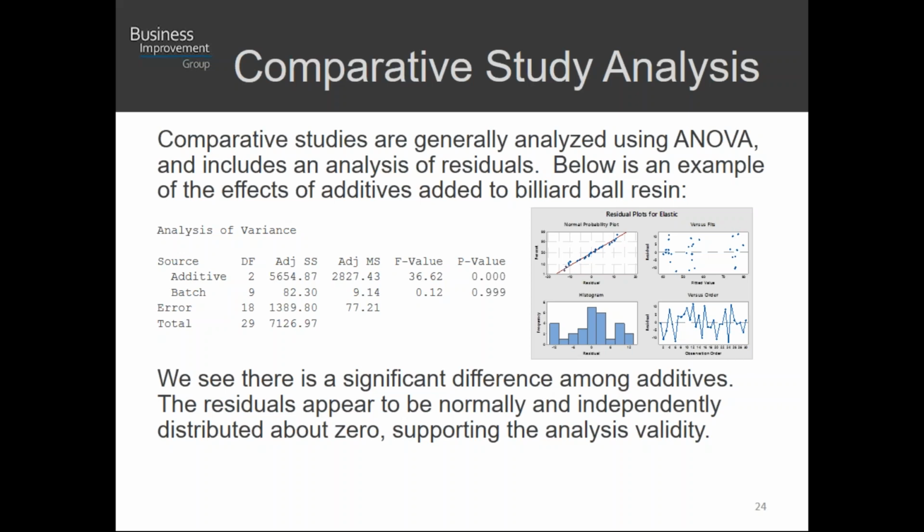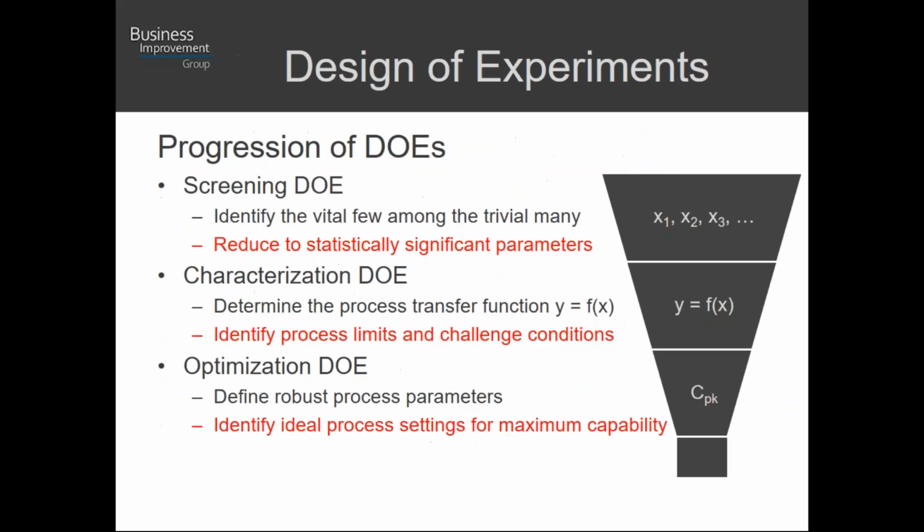We see that the dashed line, representing the average, is about 0, and the variation is pretty much constant over the whole range. So qualitatively, we've met the assumptions. The residuals look good, so I trust the model and say, you know what, there is a difference among additives. We know that at least one of those additive choices is going to be significant, and then we'd understand which one gives us the best response.